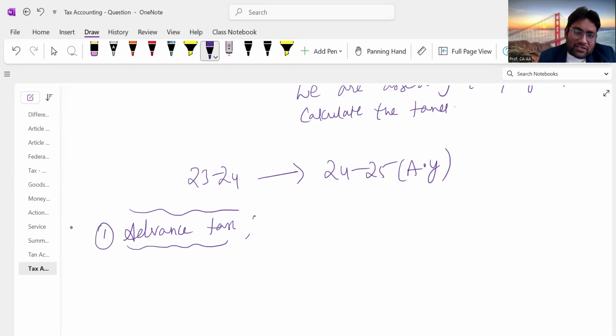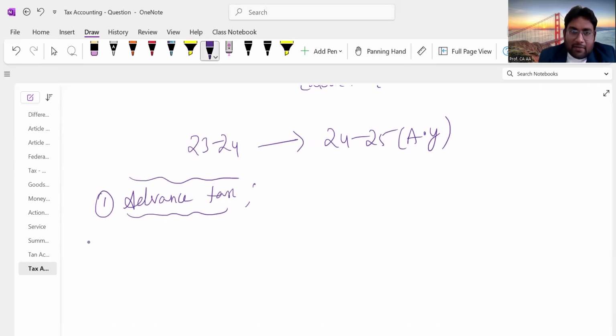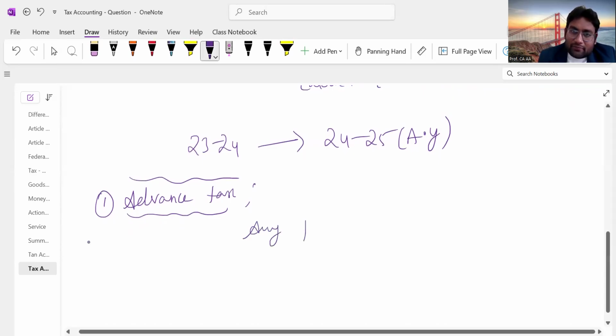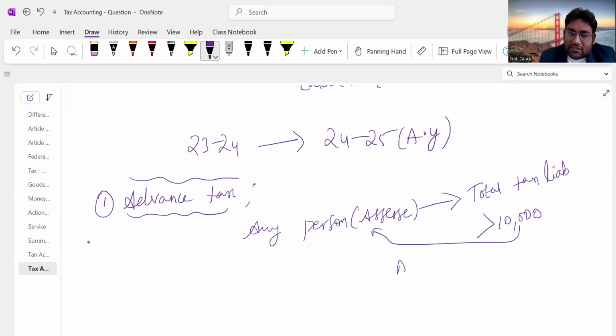Advance tax is again a concept relating to the Income Tax Act. As per the Income Tax Act 1961, any person, you and me, any company, any partnership firm, any assessee, okay, assessee means the person who pays the tax, if his total tax liability is greater than 10,000 rupees, then that person should pay the advance tax.